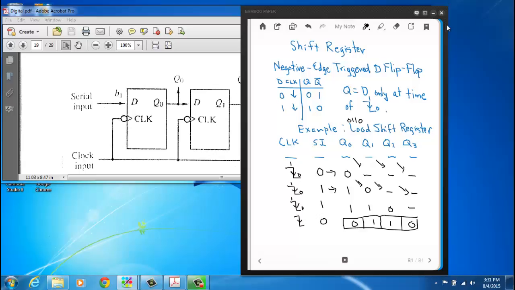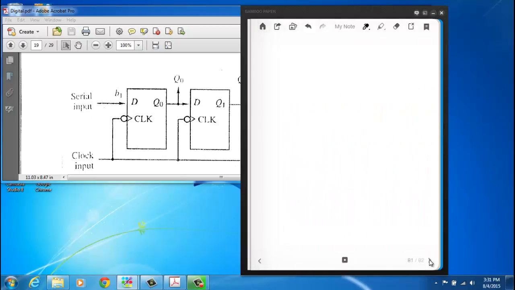The last thing in this video is that just by simply loading a shift register like this, we perform a very useful function. What we've done here by loading the shift register is accomplish a serial to parallel data conversion.